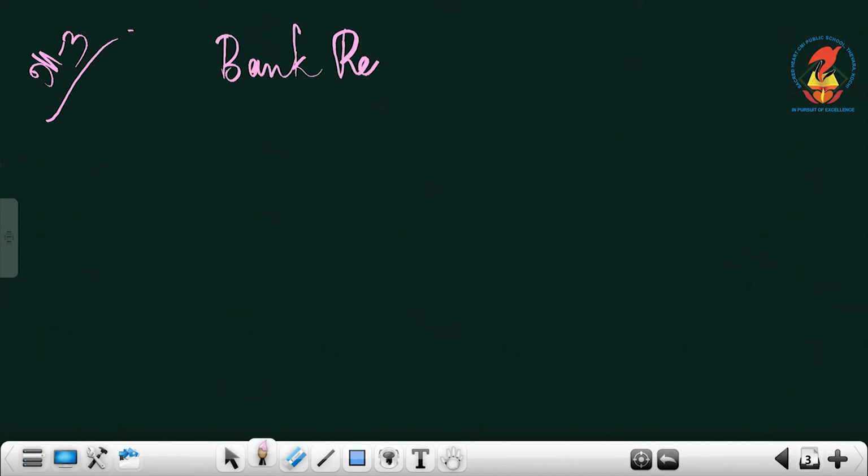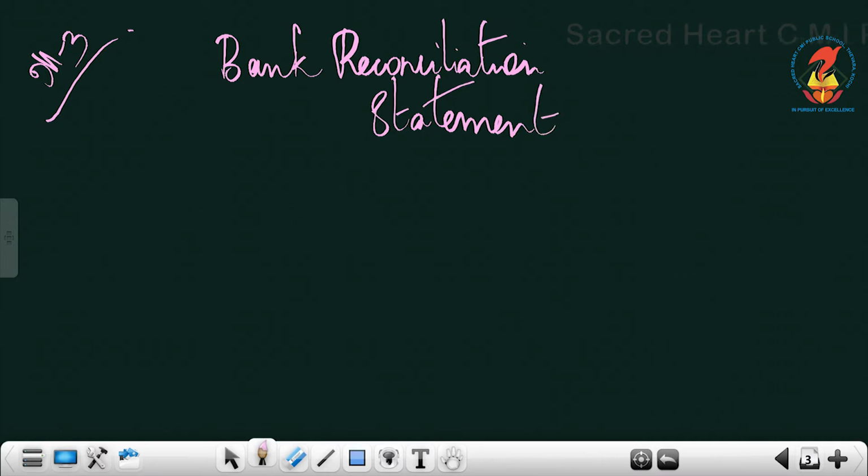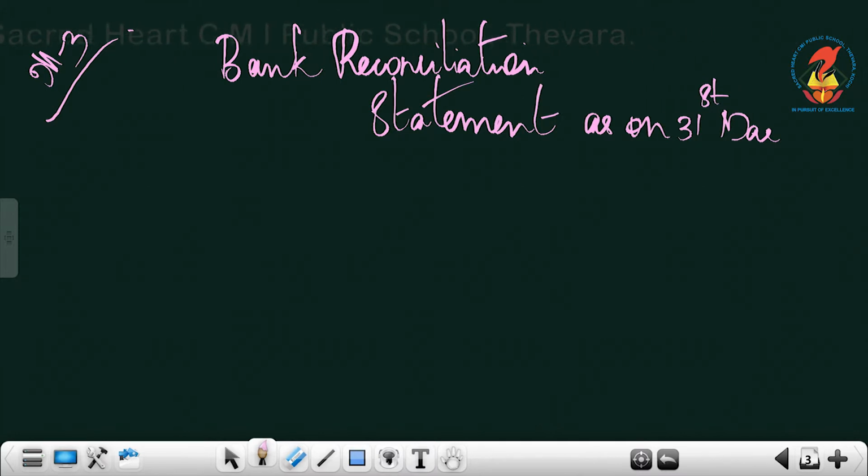Always you must write the heading with the date, then you must draw the format using your scale and pencil, because all these are needed for accountancy. The format, everything is needed. What's the date given there? 31st March 2019.